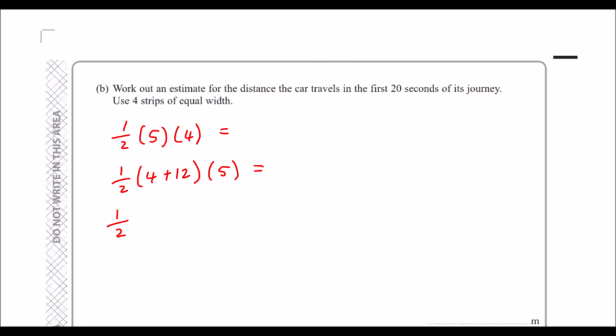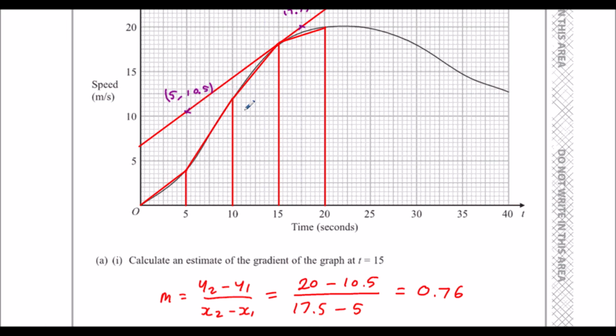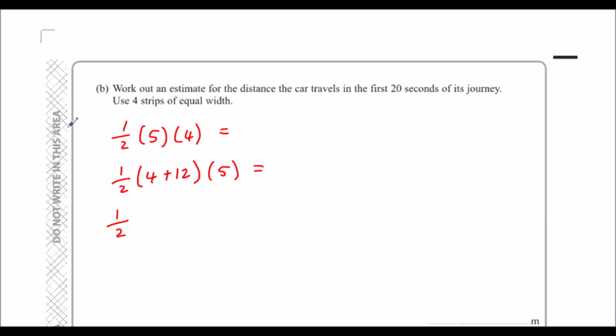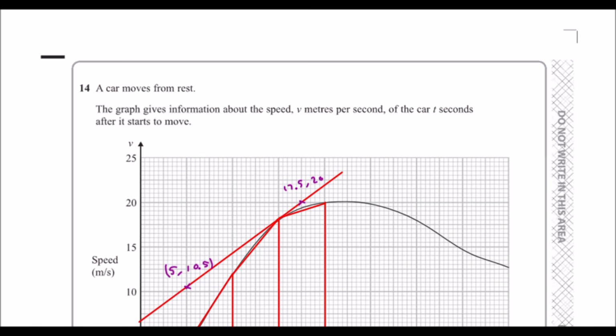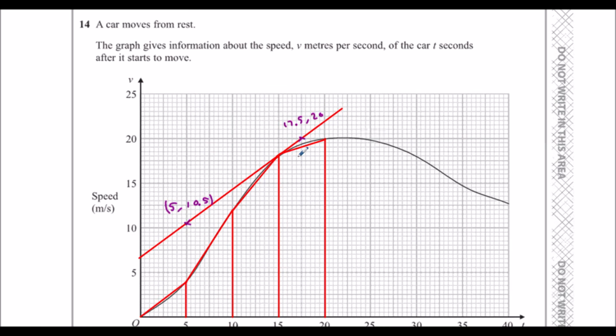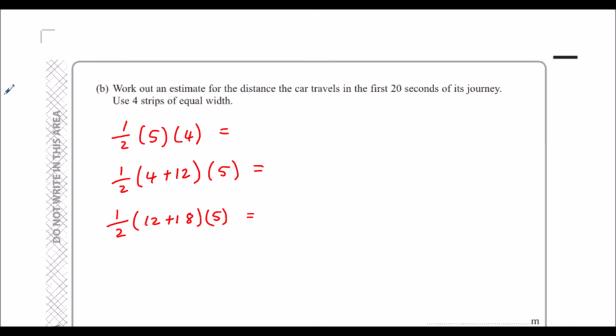And then the next trapezium is going to be half of 12 plus 18 times 5. And then the last one, half of 18 plus 20 times 5.